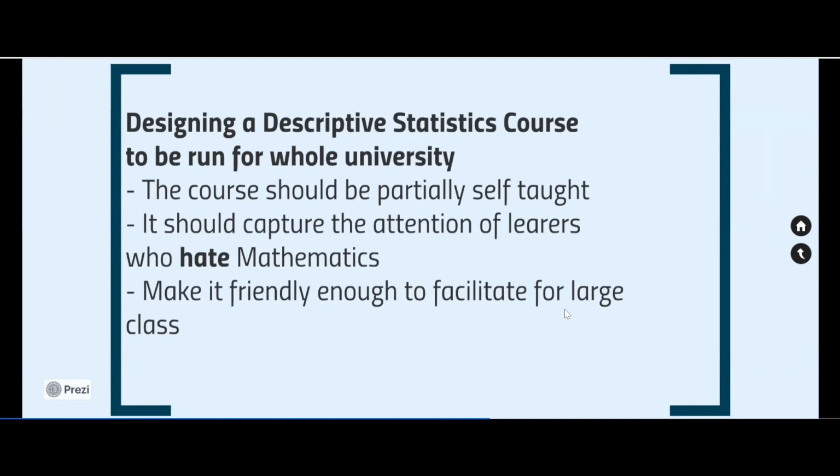The rationale for our work was to have a course where we can introduce the use of data that is very context specific to the student, depending on the program that they are doing. Remember, some of them don't have a liking for mathematics. So we really wanted to make it as friendly as possible, because also the class sizes are very large.